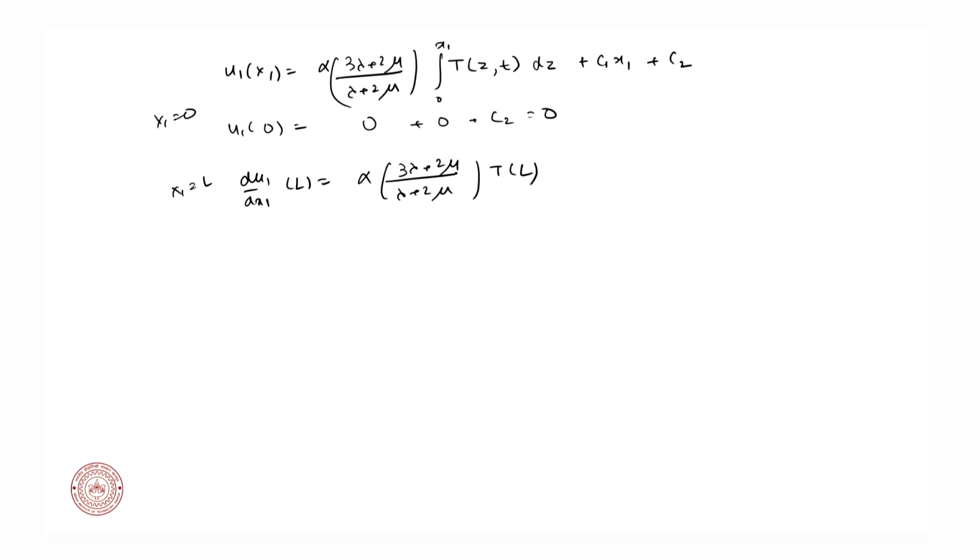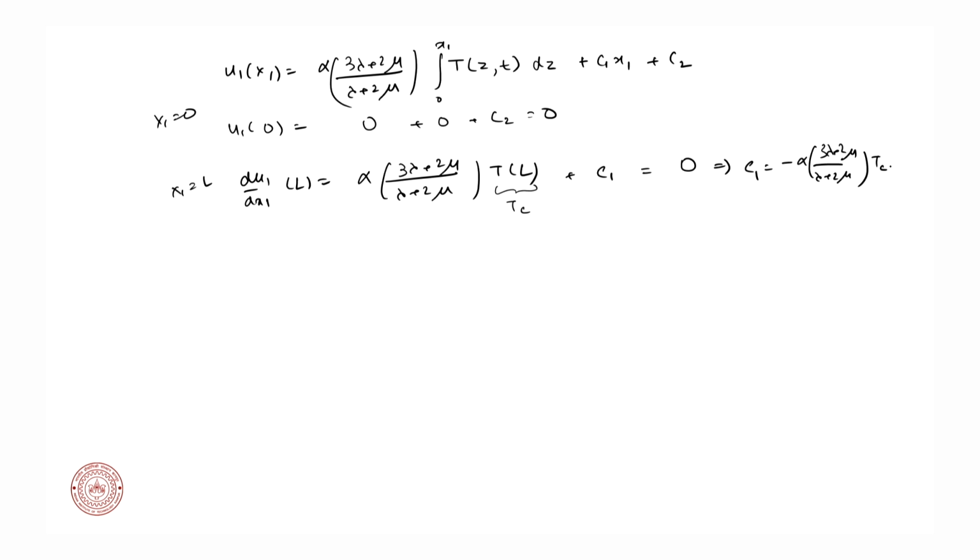So, we can write this as t cold. Alright, this is the value plus C1 is equal to 0. So, C1 is minus alpha 3 lambda plus 2 mu over lambda plus 2 mu of Tc.